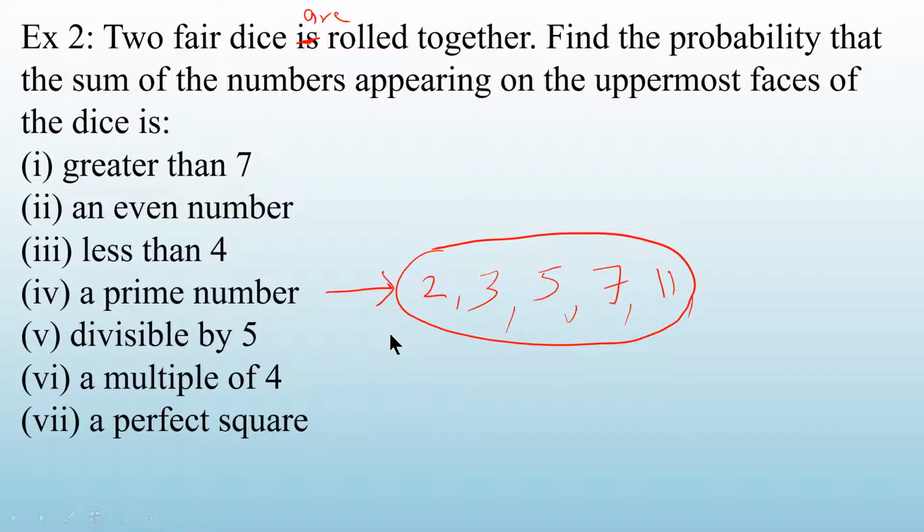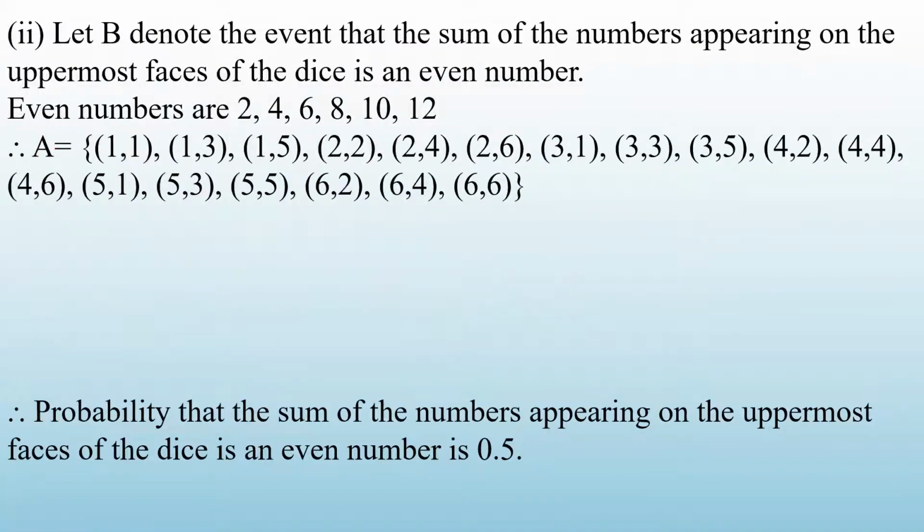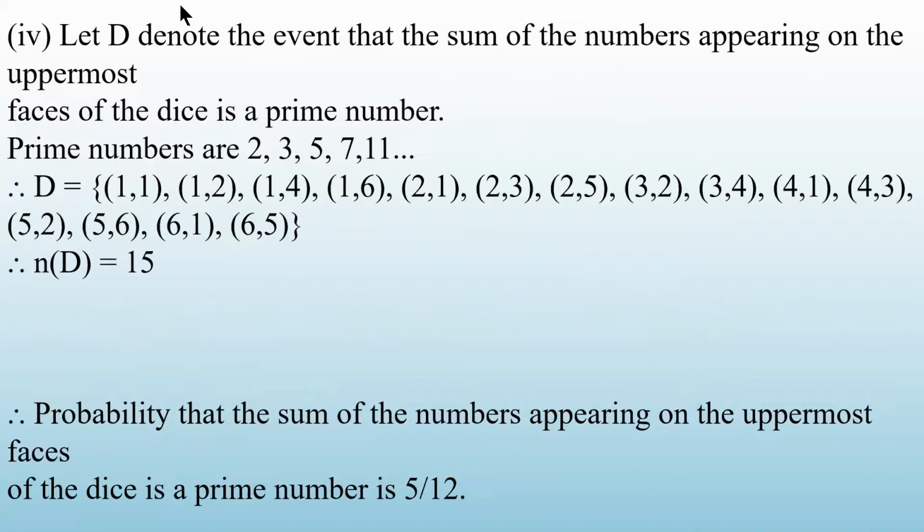So let us call that event D. Fourth one. Okay. Look here. Let D be the event that the sum of the numbers is a prime number. Now, what are the prime numbers? They are 2, 3, 5, 7, 11, and the list is endless. But we have to check only up to 11 because the next prime number will be 13, which we will never get. Okay. So find out what D will contain. Will it contain (1,1)?